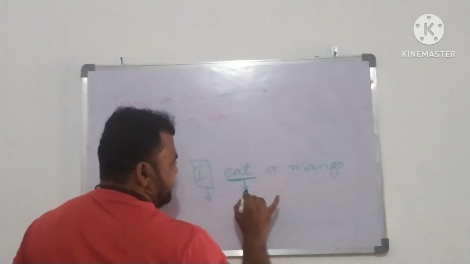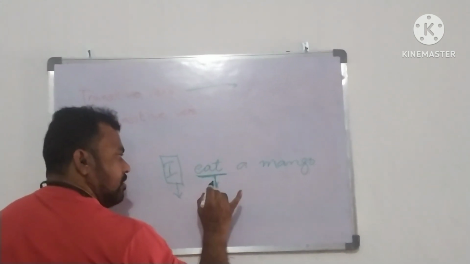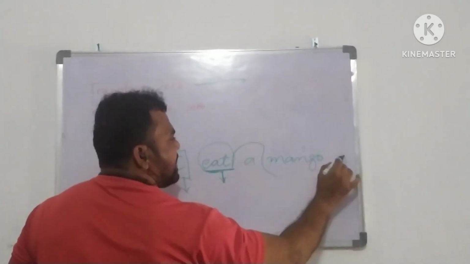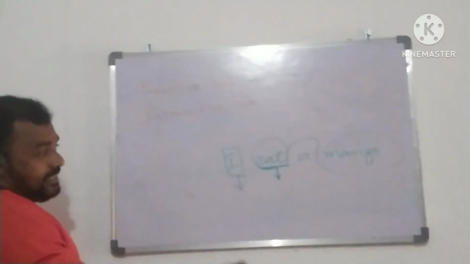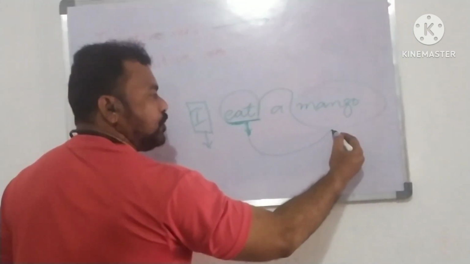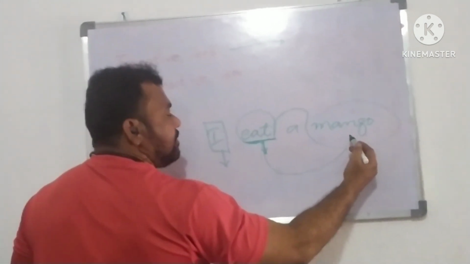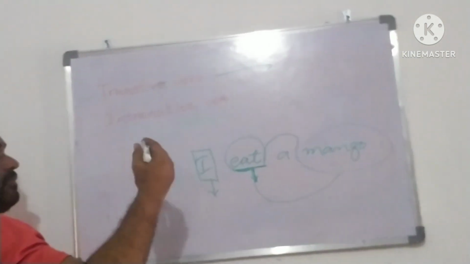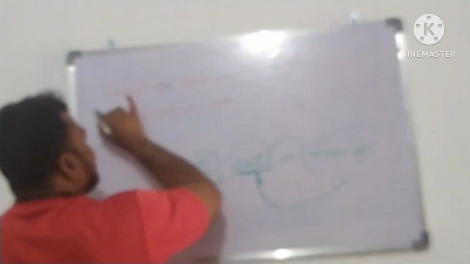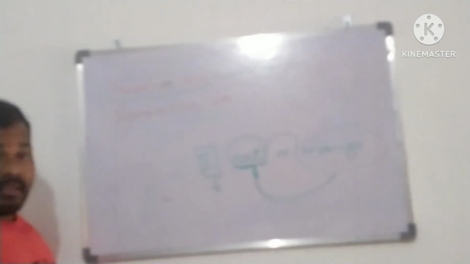This verb is immediately followed by an object, a mango. So the verb eat has an object, mango. The verb that is followed by an object is called a transitive verb.